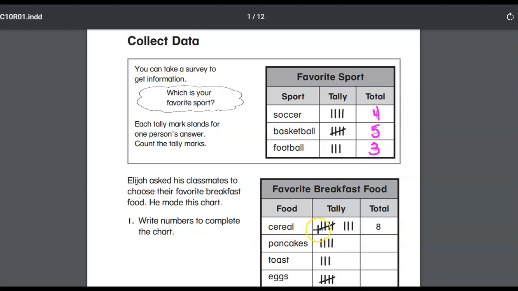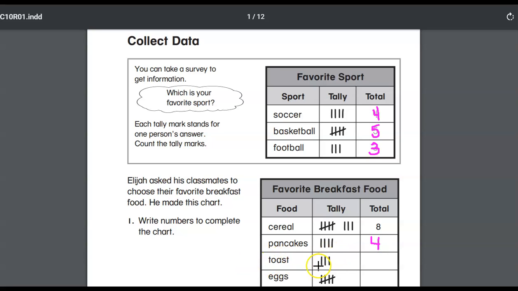Cereal has, now you know why I can just put a line through, because I can count this real fast. 5, 6, 7, 8. Cereal has 8. Pancakes has 1, 2, 3, 4. So we're going to write 4. Very good.